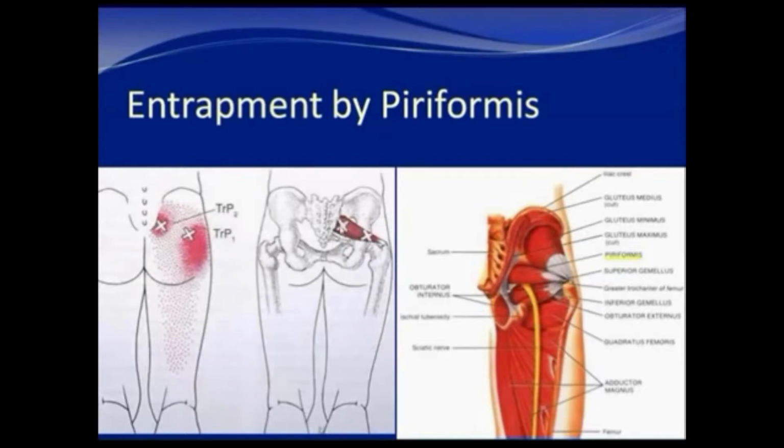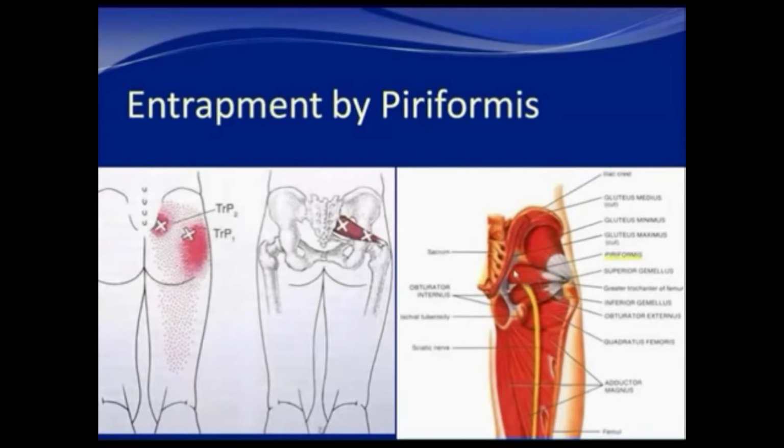When you inactivate this one, you're often going to be also finding that you may see a twitch response going in this direction here, if you can see my arrow pointing, and that is because the gluteus maximus lies on top of this, and there's often a gluteus maximus trigger point right there, so you may in fact be palpating two distinct trigger points in two layers of the musculature.